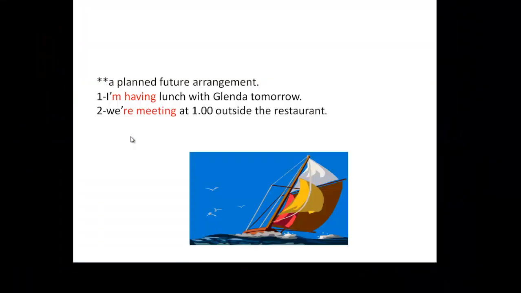Now let's move to spelling. Before that, we can talk about the final use, which is a planned future arrangement. If I am planning for something in the future, I can use present continuous, like: I am having lunch with Glenda tomorrow.